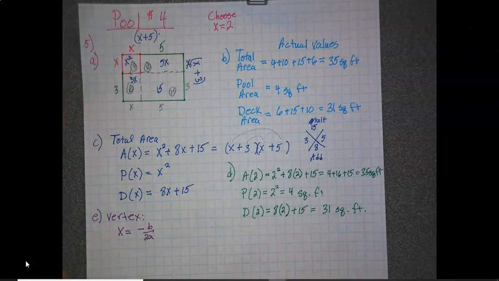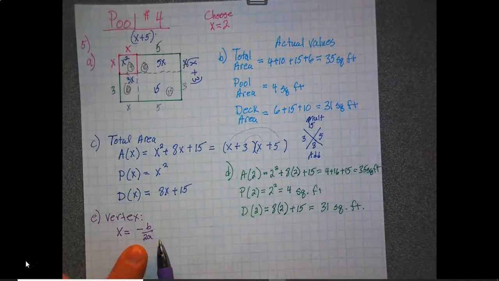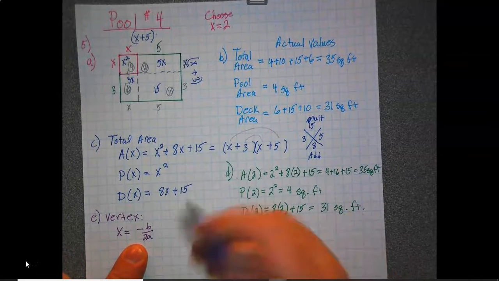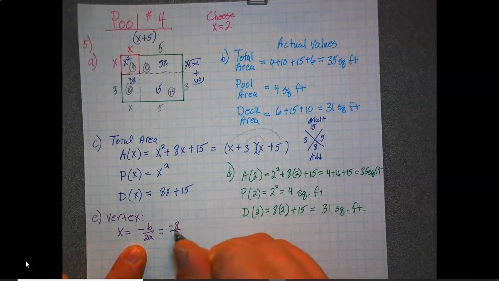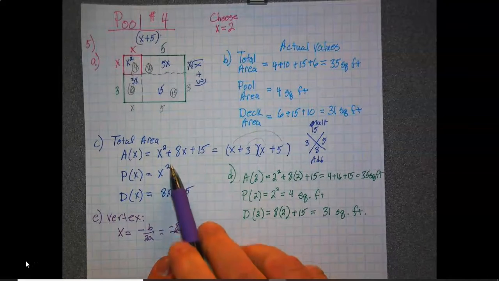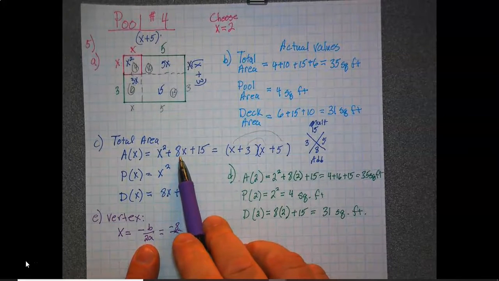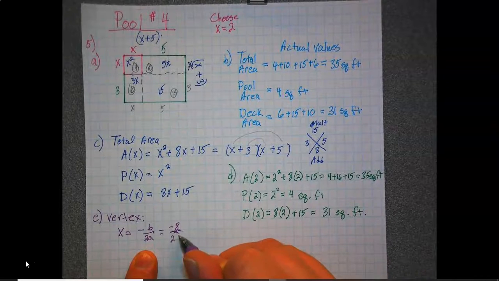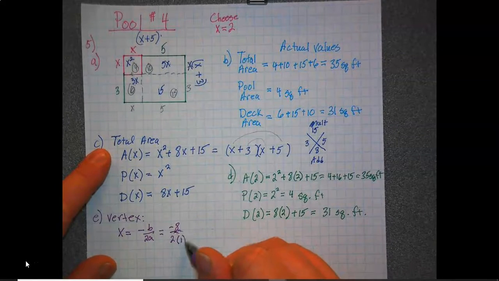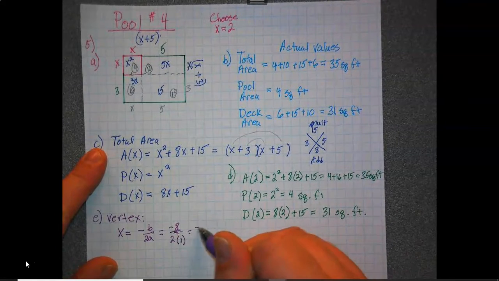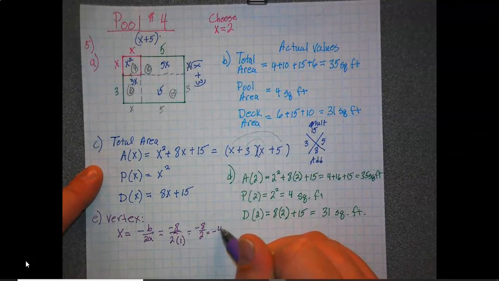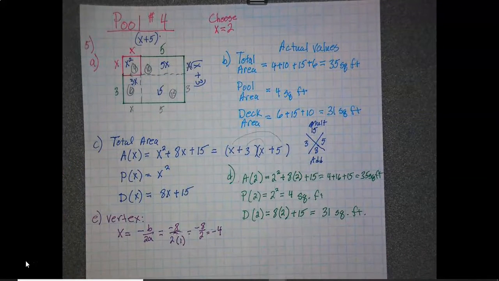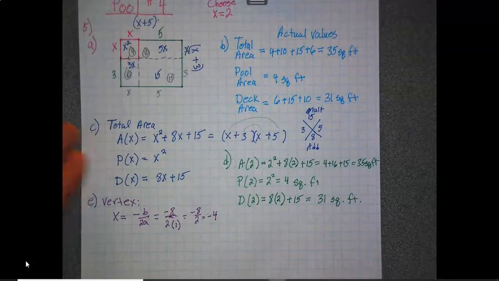In our case, my b is 8, so I have negative 8 over 2 times a, which is 1. So I have negative 8 over 2, which equals negative 4. So that's the x-coordinate of the vertex.